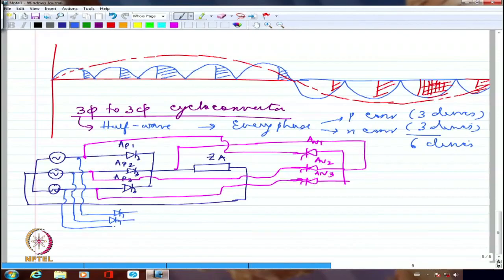So all 3, again I have to have one like this and then I can have from the same 3 terminals, I can connect it the other way around. Right? So this will be B P1, B P2, B P3. This will be C, B N1, B N2 and B N3.